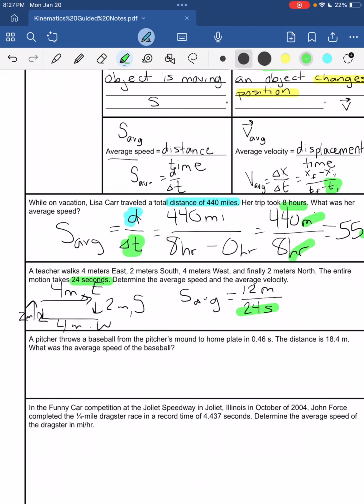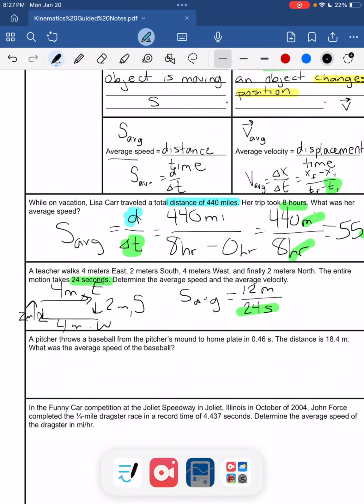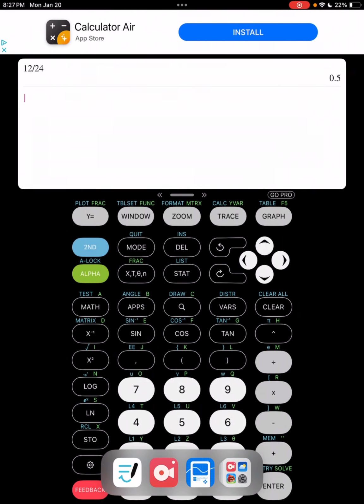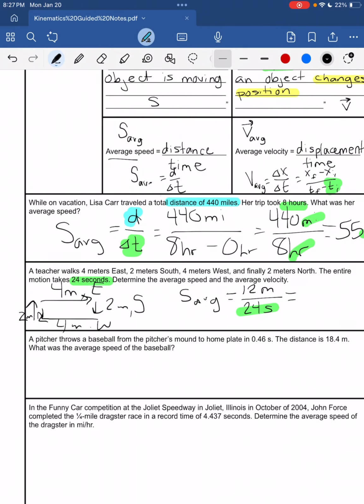We added them all together to get the distance, just like we did on Friday. And so 12 divided by 24. So we want that as a decimal. So if you need to, go ahead and plug that in your calculator. So 12 divided by 24 is going to give you 0.5. So 0.5 meters per second is going to be your speed. So your average speed is 0.5 meters per second.